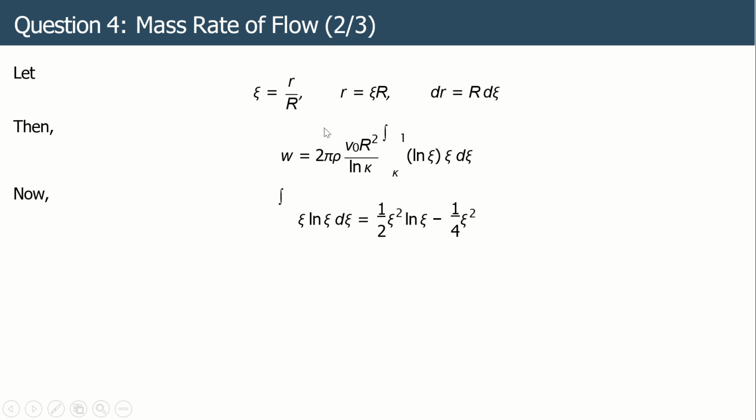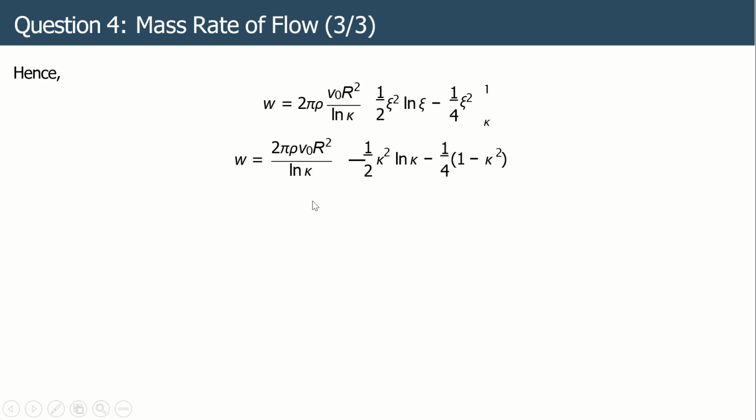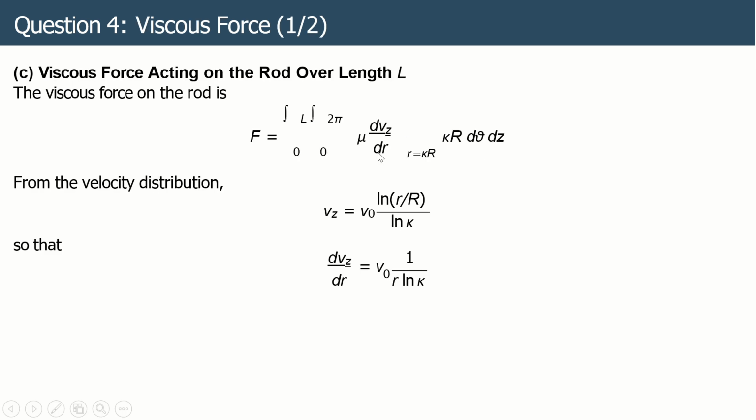We are also introducing here dimensionless constants like epsilon equals r by R. So we get this, and after replacing dr with this and r with this, we get the value of the mass flow rate as this. Hence, the overall equation for the mass flow rate is this.